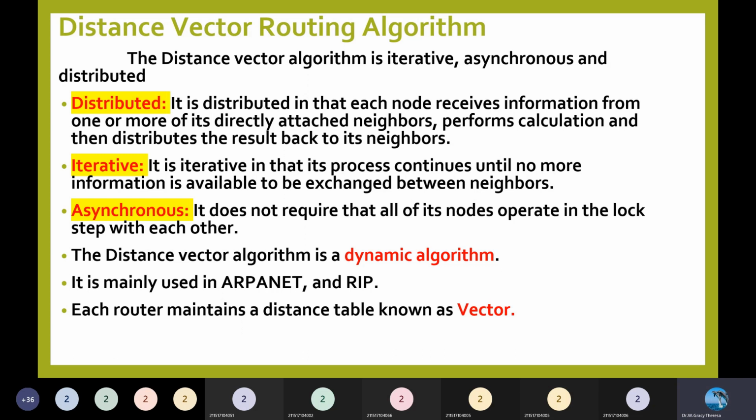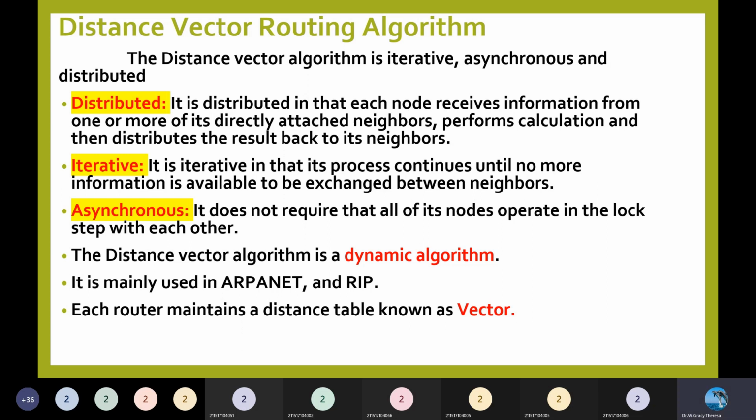So what is the meaning of distributed in this distance vector routing algorithm? Each and every node has a distance vector table, and that table has to be updated each and every time.